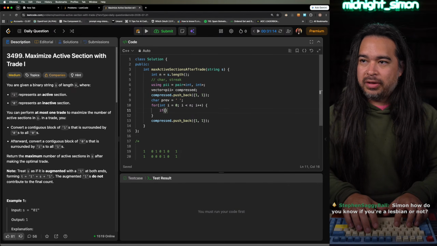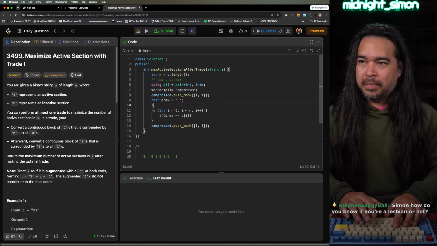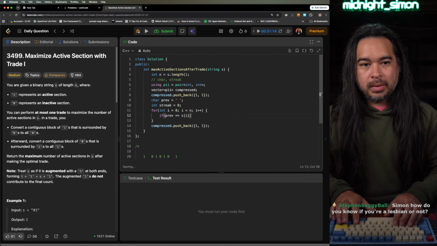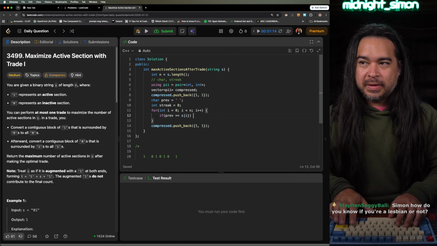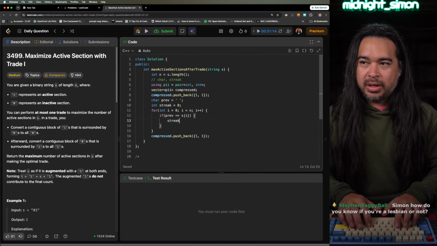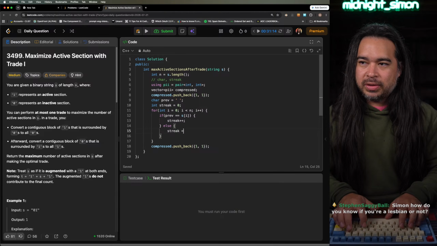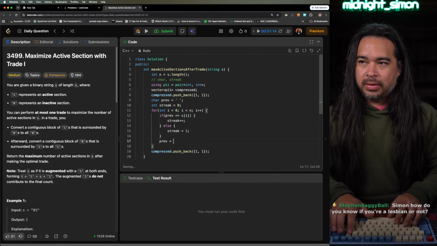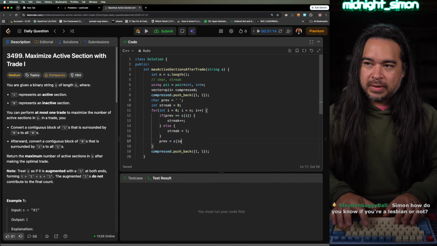Alright, so if the previous is the same as the current, then we increment the streak. Otherwise, we are going to reset the streak, and then we set the previous to the current.